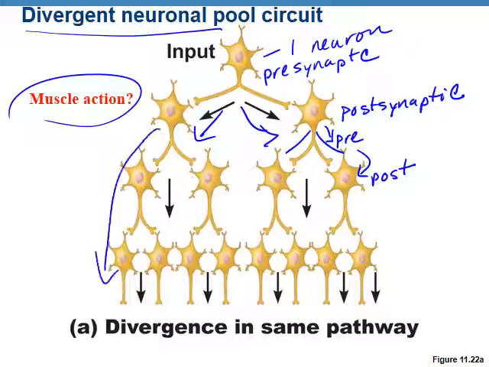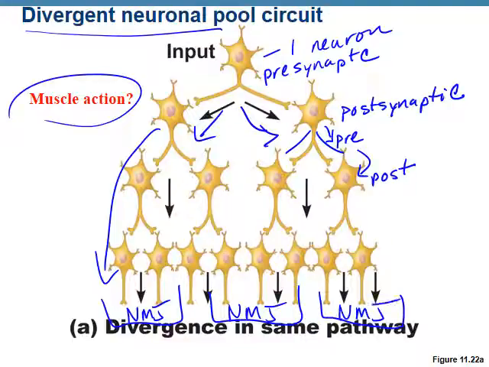But basically think about, this is going to one neuromuscular junction, this is going to another neuromuscular junction, and this is going to another neuromuscular junction. So this could be the way that you send messages in order for your rectus femoris to contract. Remember, the entire muscle doesn't contract all at one time. You have several different neuromuscular junctions that are firing at different times.